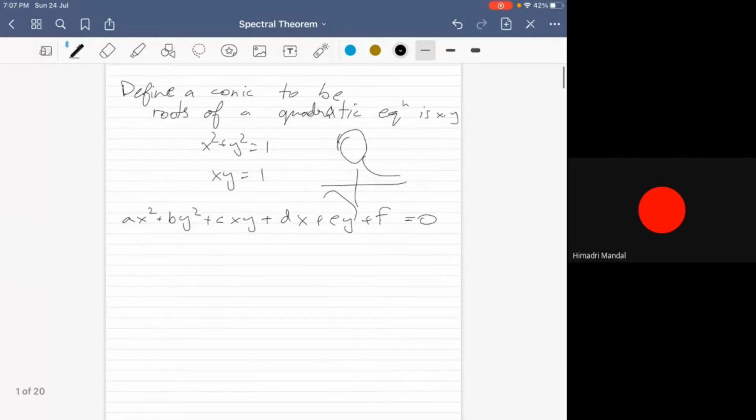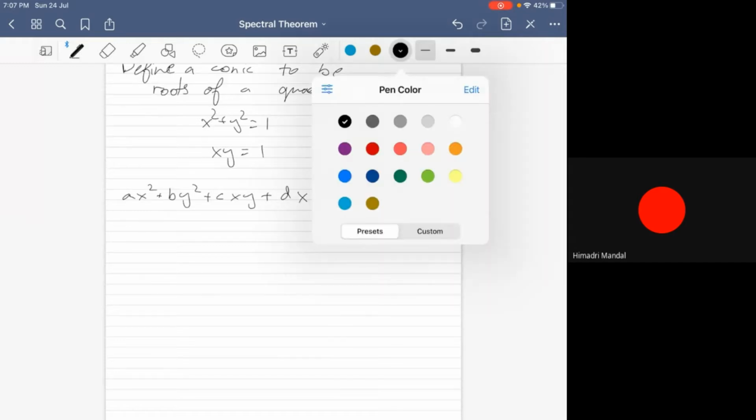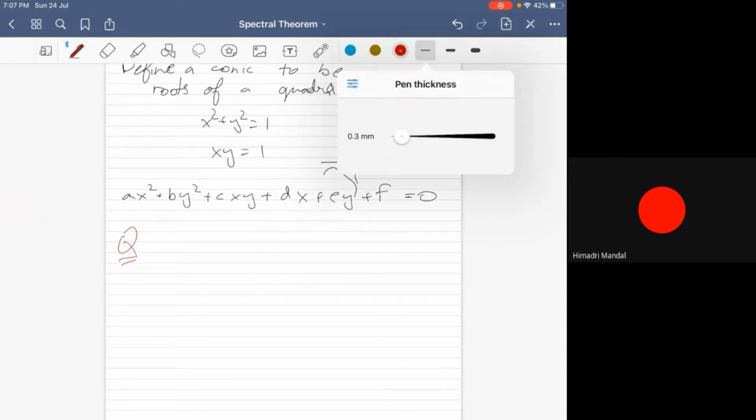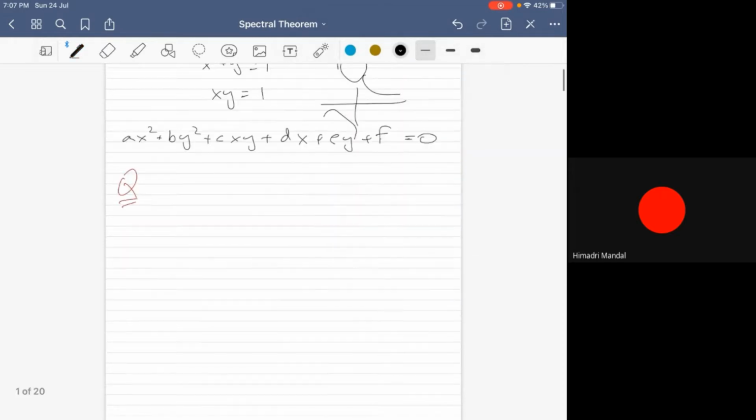So consider the following question. Why do conics look symmetric?